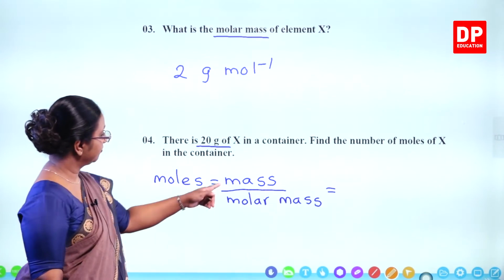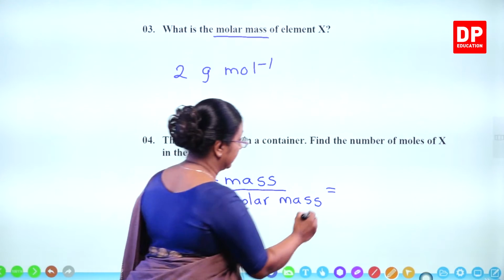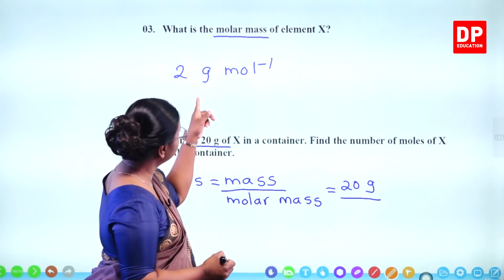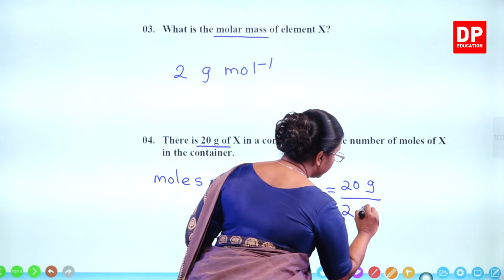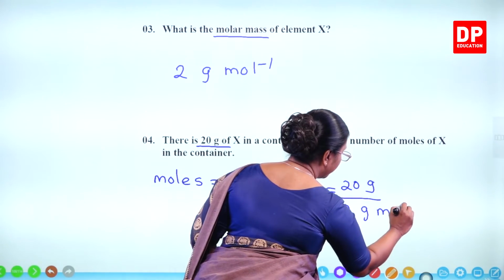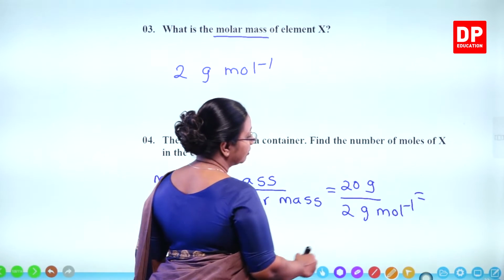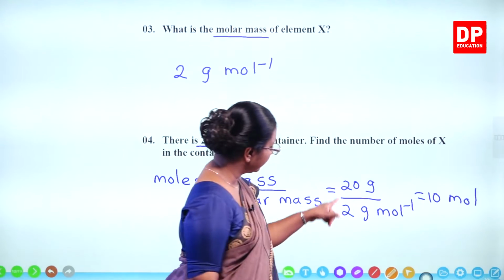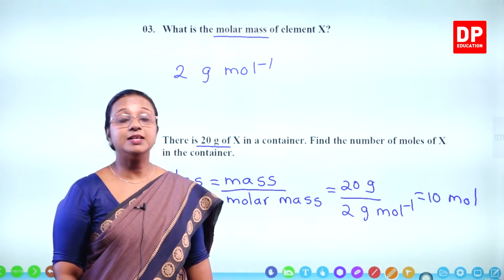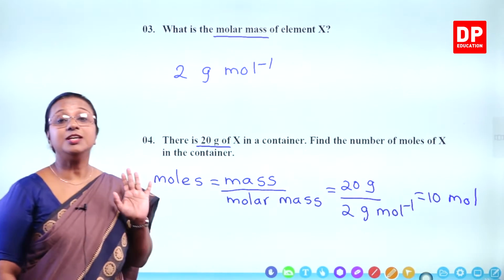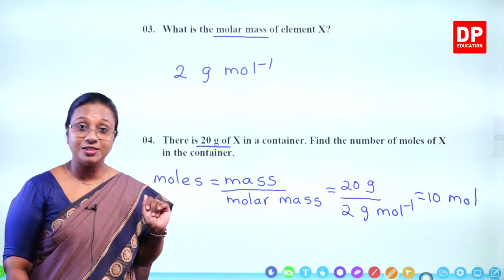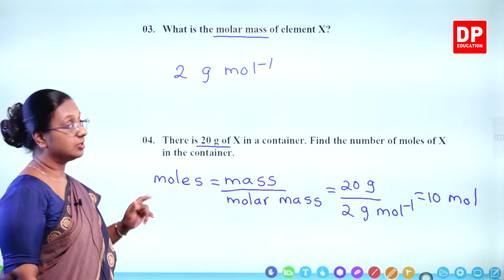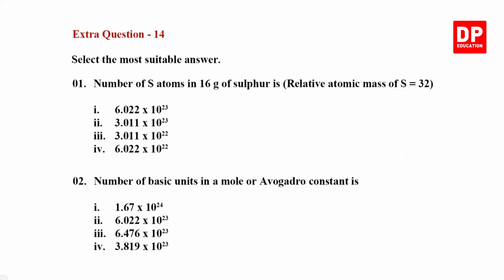You know the mass, 20 grams divided by molar mass, 2 gram per mole. Very easy calculation. The answer will be 10 moles. 20 divided by 2, 10 moles. So I am sure you were able to answer all these questions. Then I am going to move on to the next question.